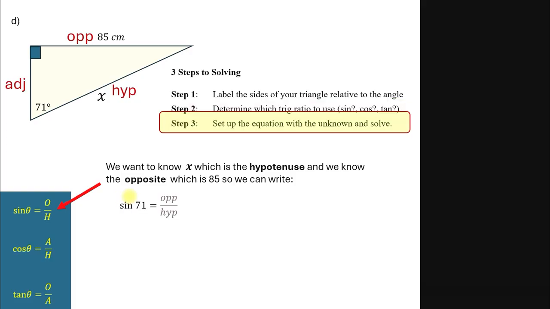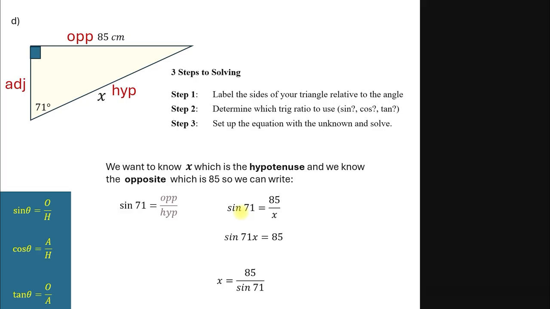So we can write the sine of 71 equals opposite over hypotenuse. Sine of 71 equals 85 over x. A little cross multiplication. Sine 71 times x equals 85. Isolate x. X equals 85 divided by sine of 71.